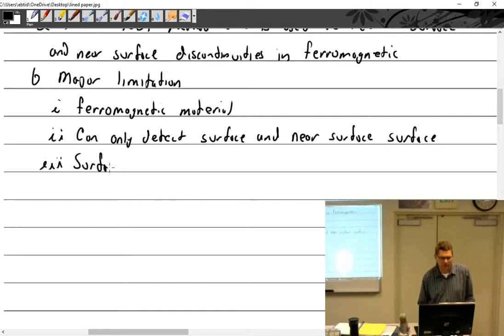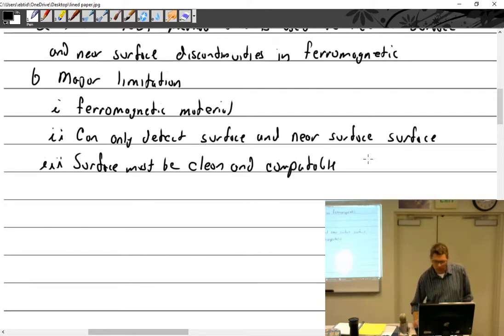The surface must be clean and compatible with the medium used. Does it have to be free of paint? Yes.